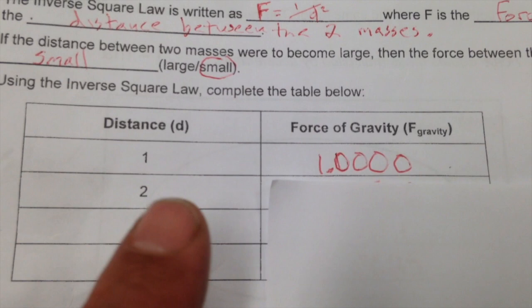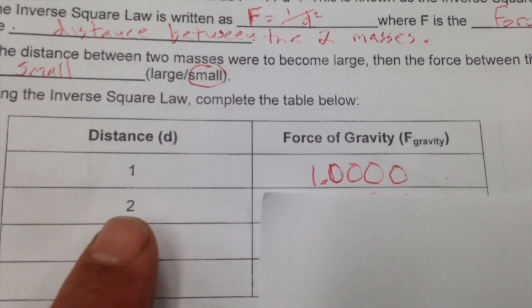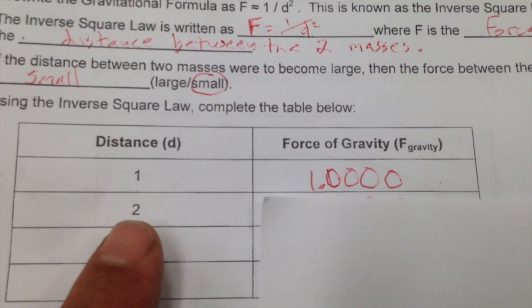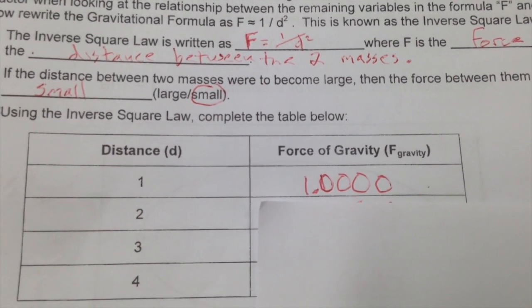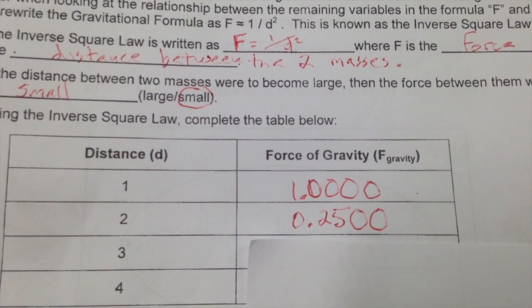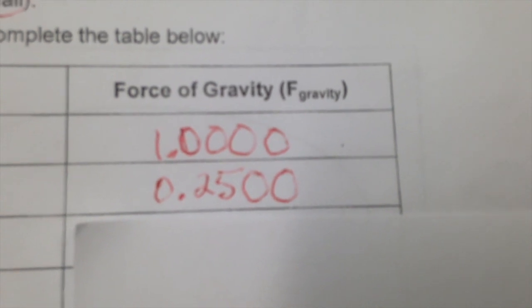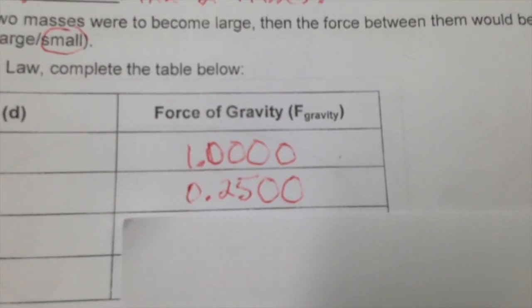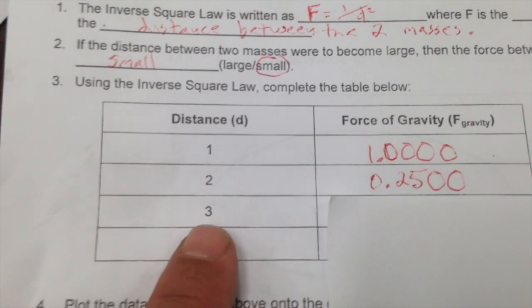Okay. So if we do the same thing again, but use the distance 2, it's going to be 1 divided by 2 squared. Well, 1 divided by 2 squared is 1 divided by 4, and 1 divided by 4 is 1/4, which translates into 0.2500. Did you get that? Doing it again, let's continue.